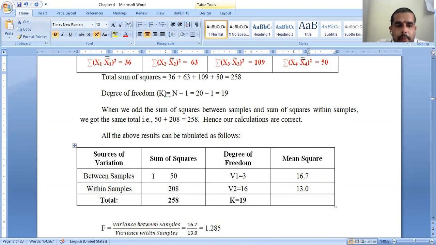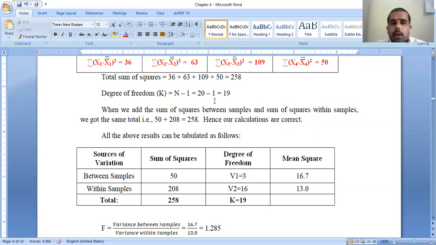Between samples sum of squares is 50, within samples is 208, total is 258. Degrees of freedom: V1 is 3, V2 is 16, total is 19. If you add 3 plus 16, you will get 19 only. Otherwise, 20 minus 1, that is 19.